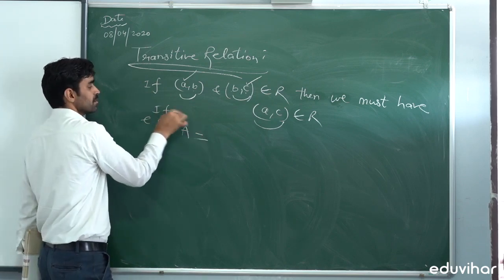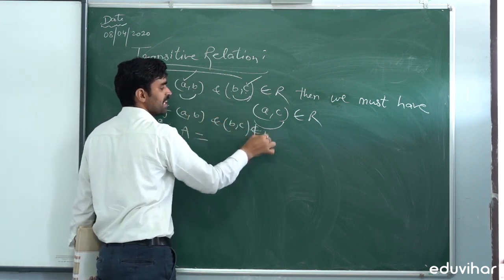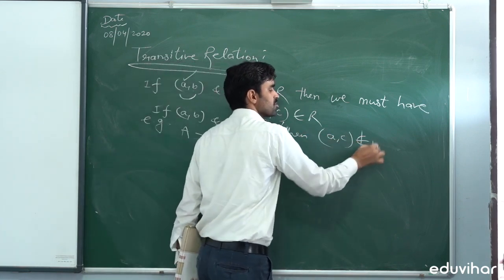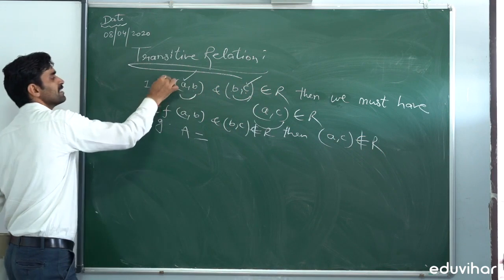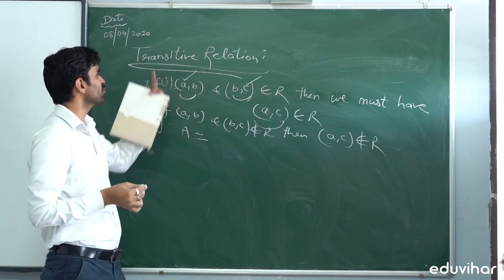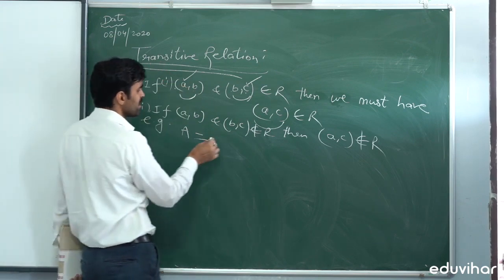Also, if AB and BC do not belong to the relation, then AC also does not belong to the relation. These are the two conditions which are to be satisfied for a transitive relation. Consider an example.